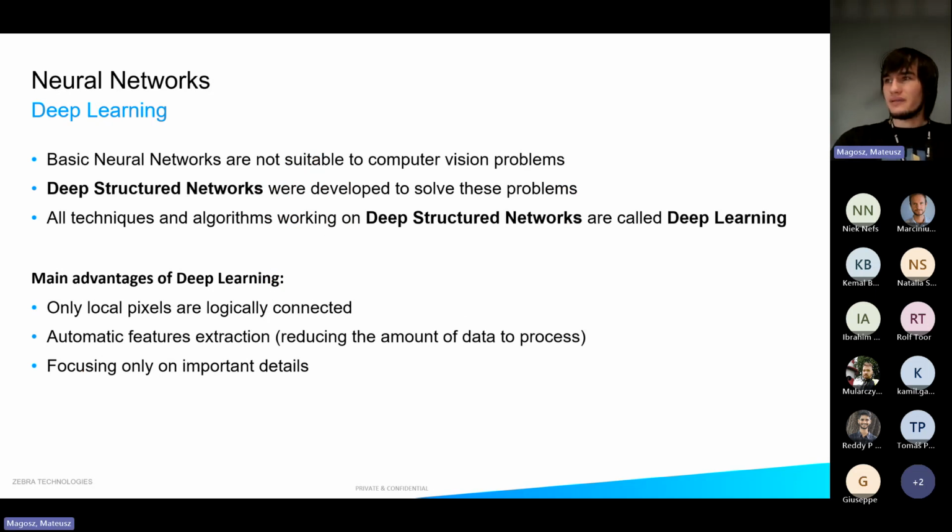And that's why, with the advancement of work on neural networks, deep structured neural networks were invented. The boom started happening about 20 years ago with NVIDIA cards and architecture. The use of deep neural networks in machine vision started, I think, about 10 years ago, more or less.